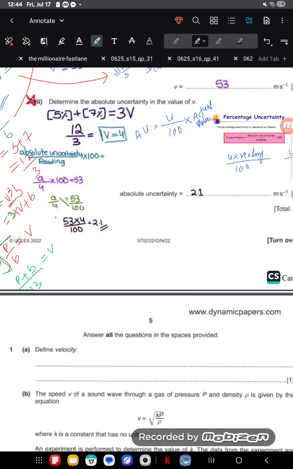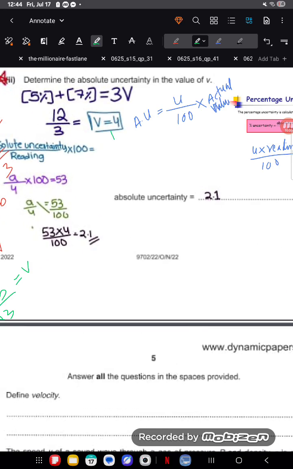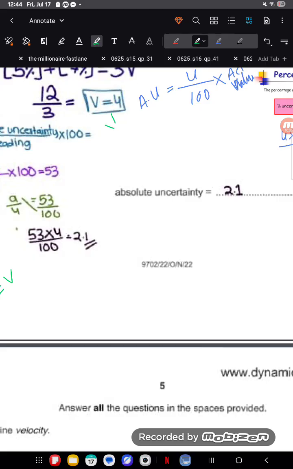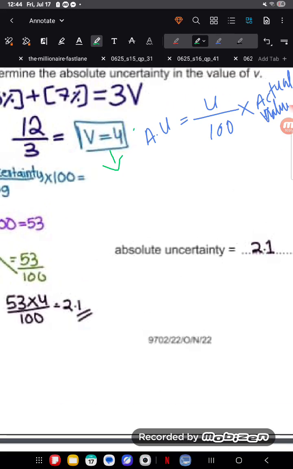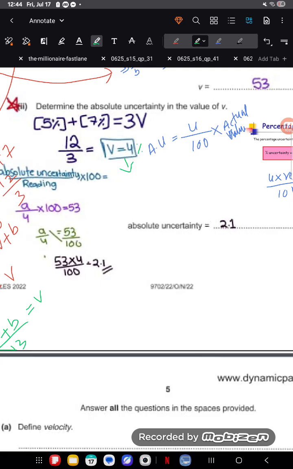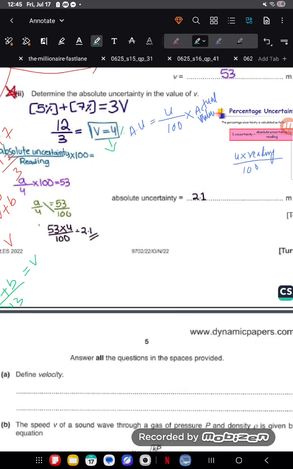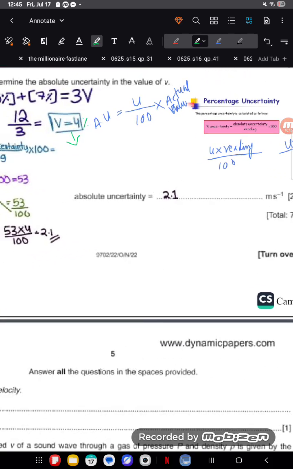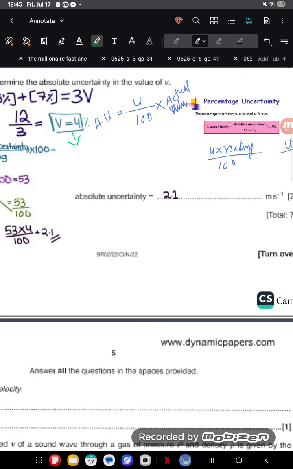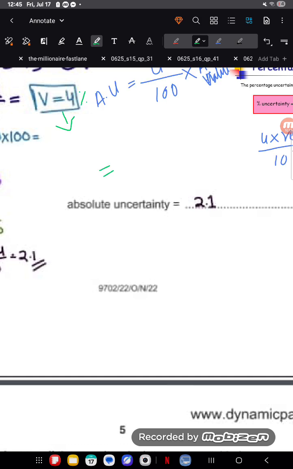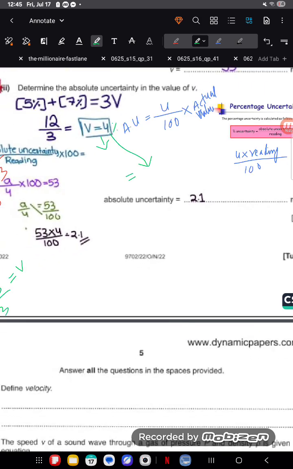When you got the uncertainty, like here I got the percentage uncertainty, now I can use this value to find absolute uncertainty using this formula. What is the formula for absolute uncertainty? The uncertainty which we got here means this is the total uncertainty of this, right?